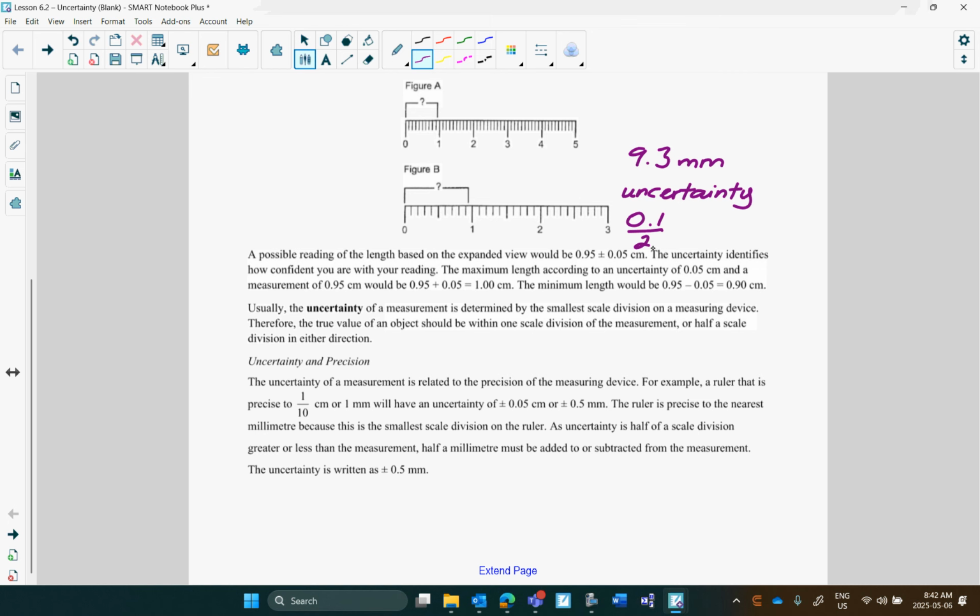That's why we divide by 2. So we get 0.05. That's going to be the uncertainty in millimeters, which means how we would write our final answer is 9.3 plus or minus 0.05 millimeters.